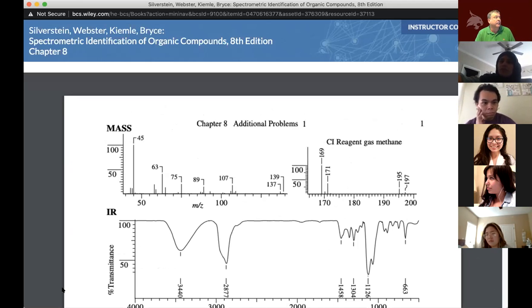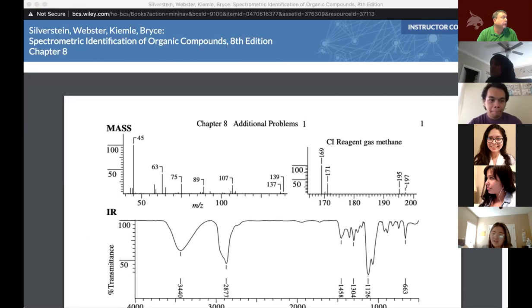Oh, so these are the additional problems, the bonus problems. Oh, yours looks different too. Let me see if I have the ones that match this chapter then. Those are bonus problems. It's 7.